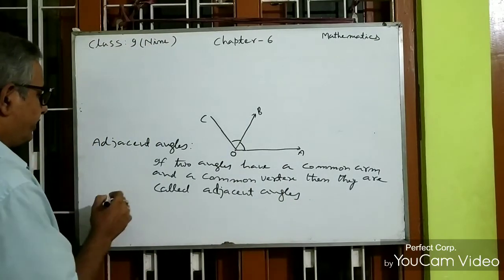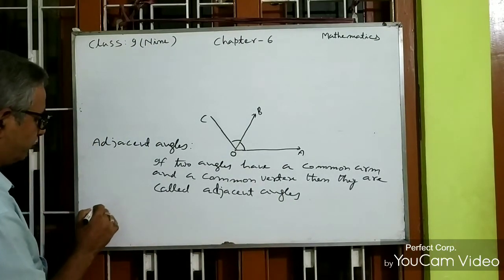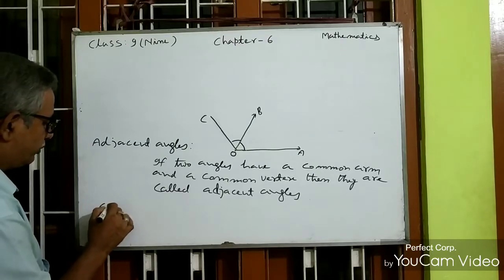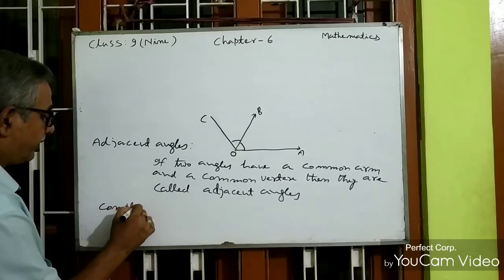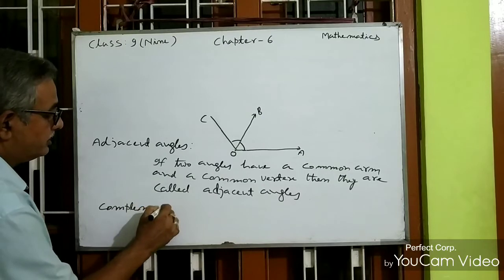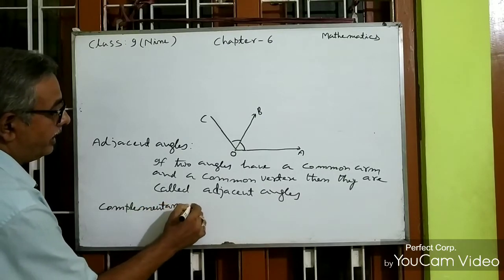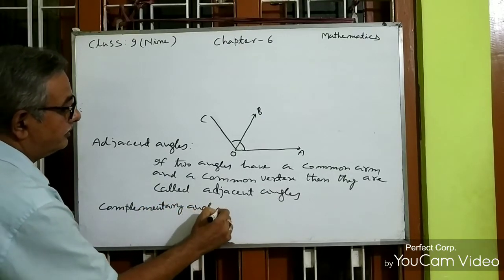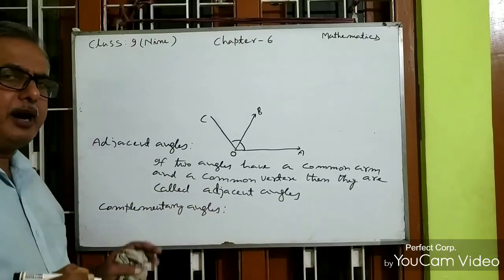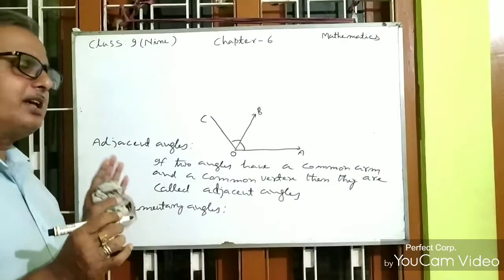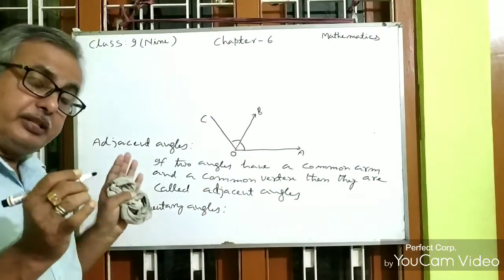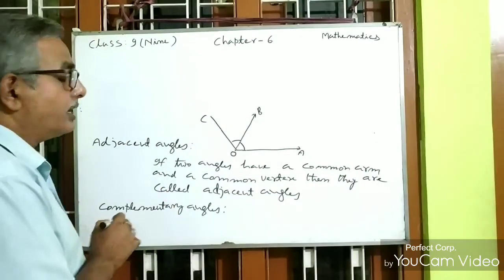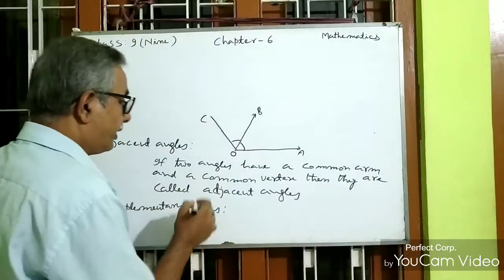After that, complementary angles. Which angles are called complementary? Listen. Complementary angles. Whenever the sum of the two angles is 90 degree, then they are called complementary angles.